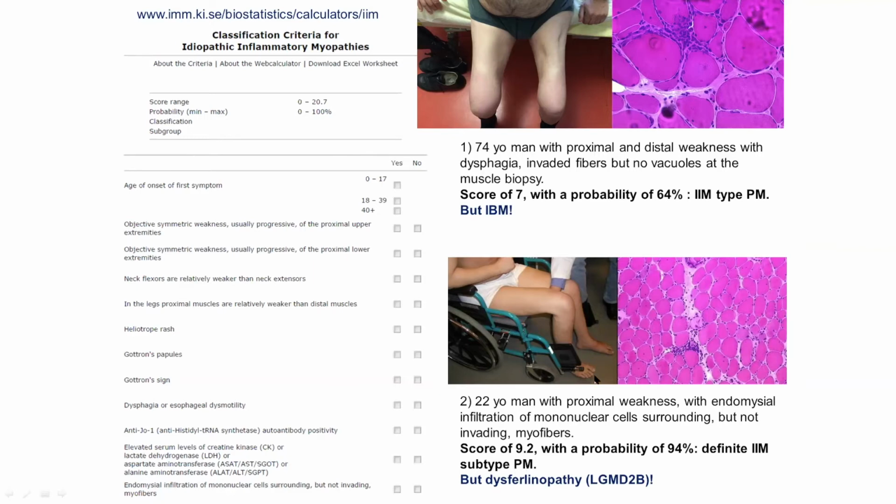And in fact, it's one limb girdle muscular dystrophy, a dysferlinopathy, where it is known that inflammation is relatively frequent. So once again, it's a trap, and the problem of this kind of algorithm is that it cannot permit you to avoid this kind of traps.